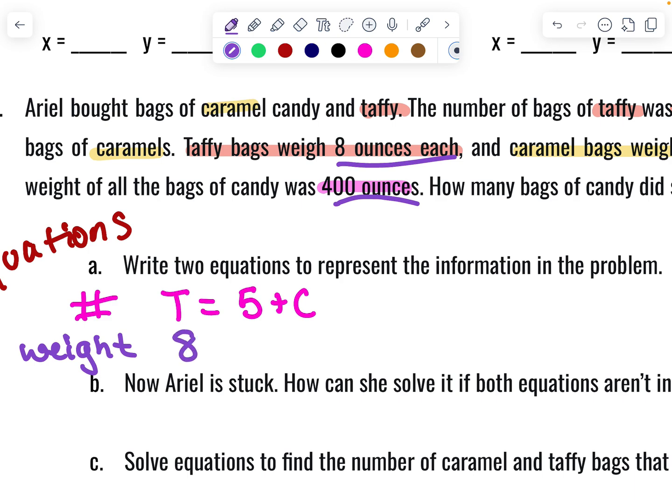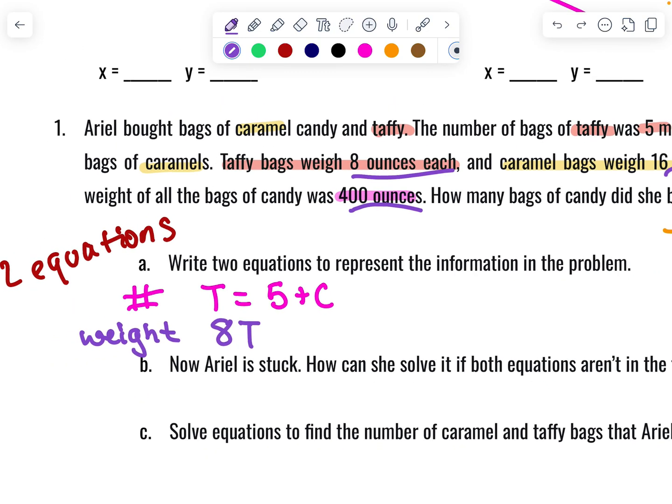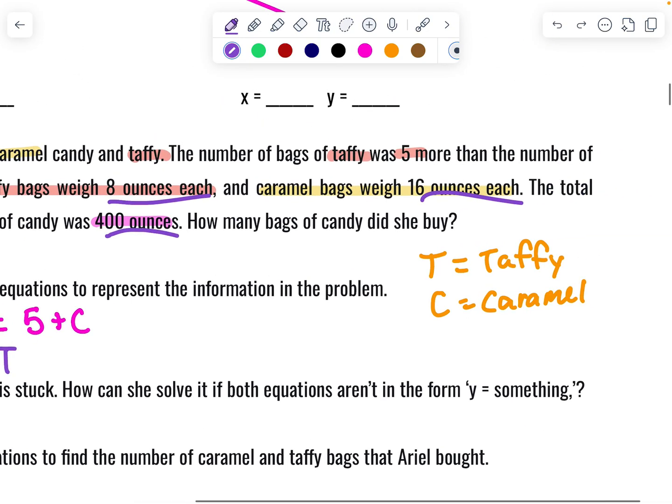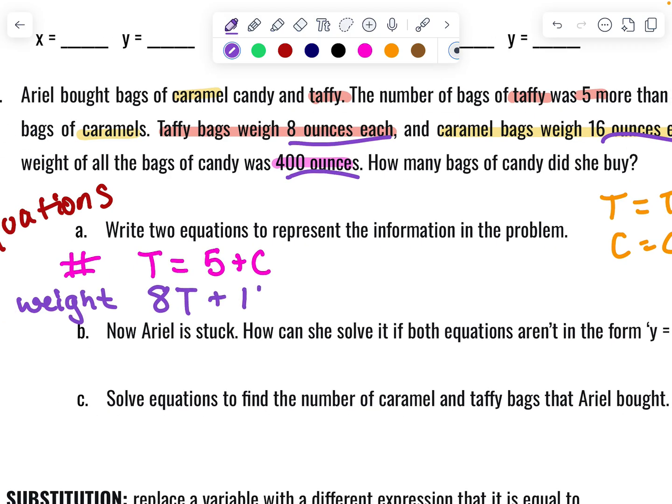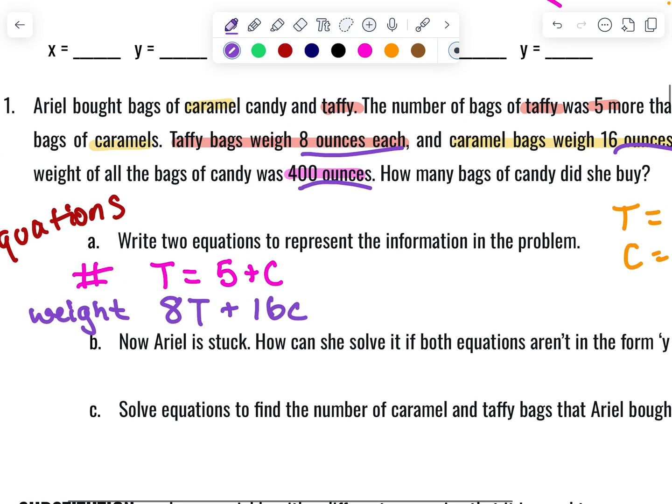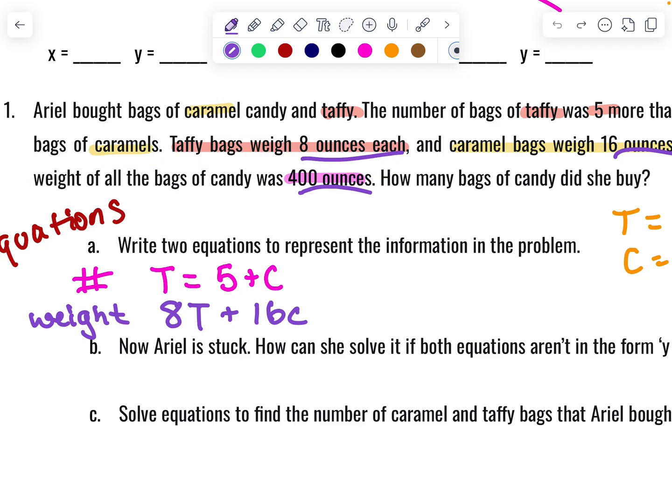Taffy is 8 ounces each, so we can do 8 times T for the taffy. And then caramel is 16 ounces each, so we can do 16C. And they all add up to 400. So there's the plus, adding up to 400. And those are the two equations.